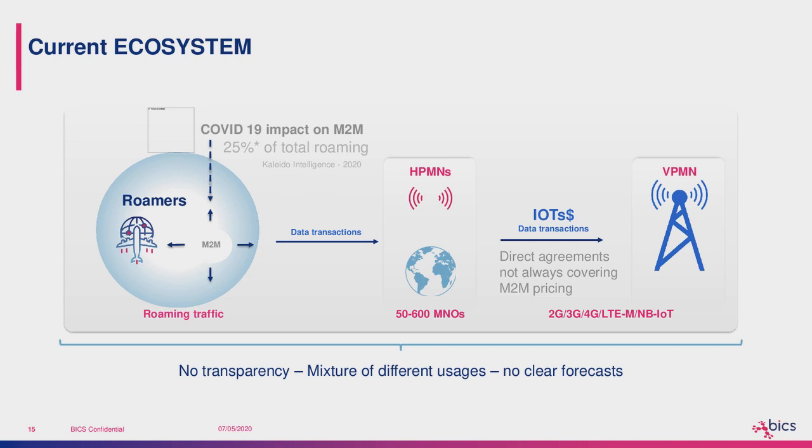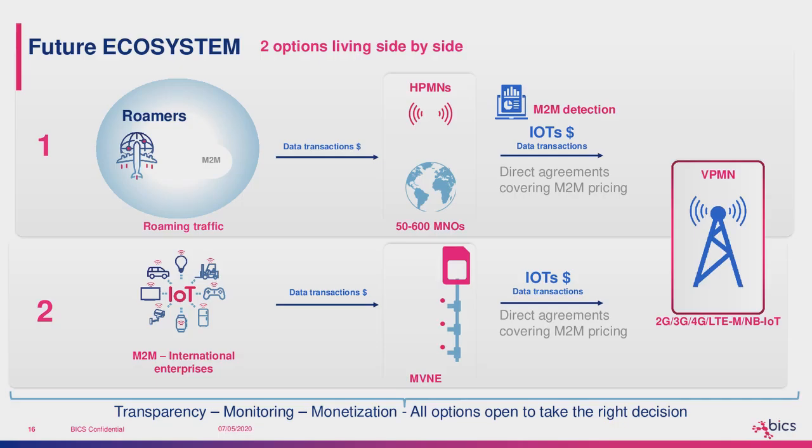In most cases, I've noted that some of the participants are already working in a different way. But this is, on my next slide, what we call the future ecosystem, existing for some of you already, but the one we believe in. This future ecosystem is the foundation for transparency and therefore enables operators to manage this M2M traffic while supporting enterprises' requirements. The first system here is very much relevant.